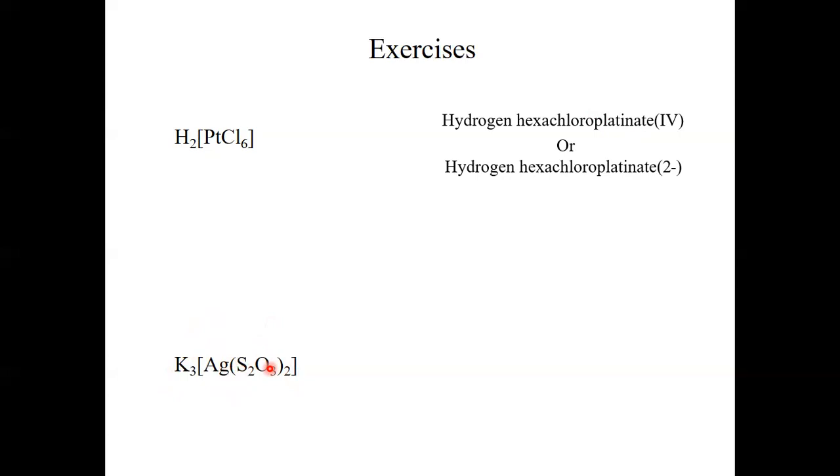It's like sulfate, but one oxygen is replaced by sulfur. So this is thiosulfate, and the name of the ligand would then be thiosulfato. So now, based on that, what would be the name of the compound?